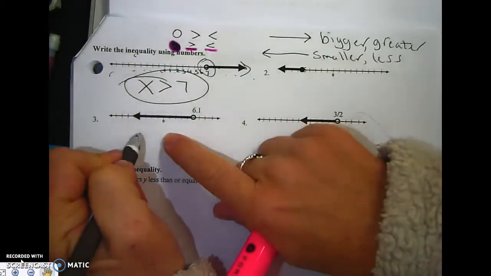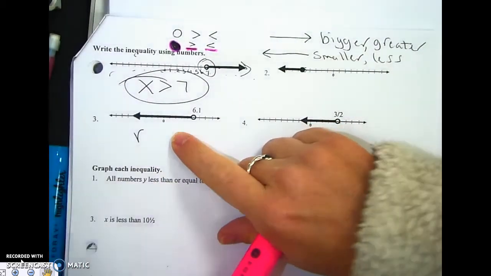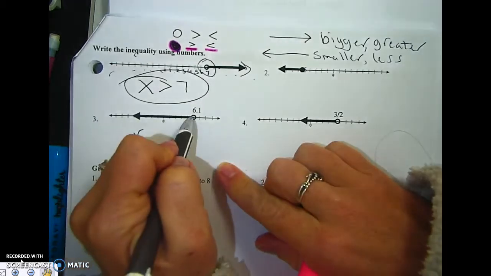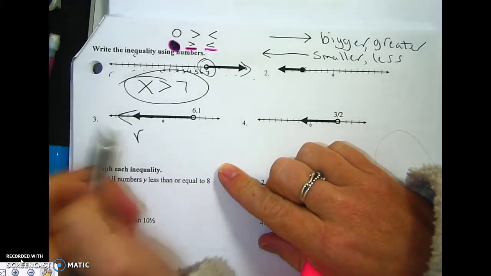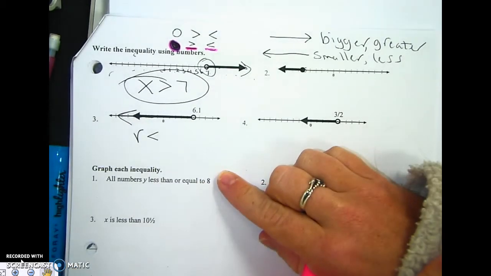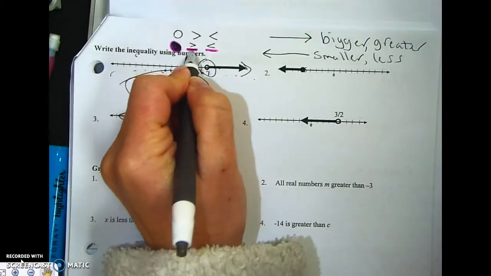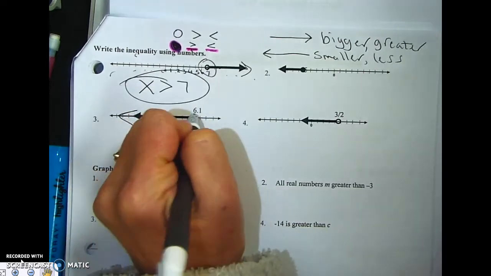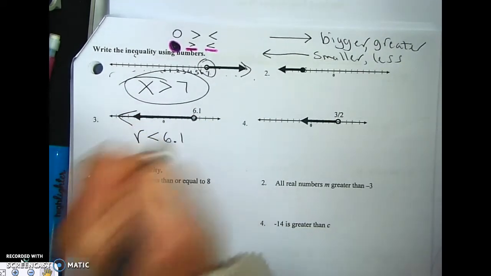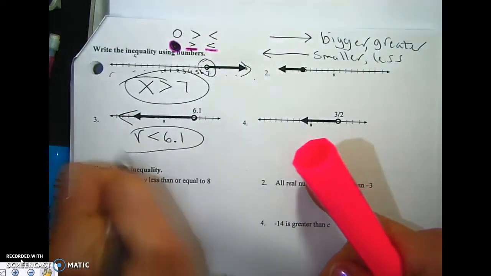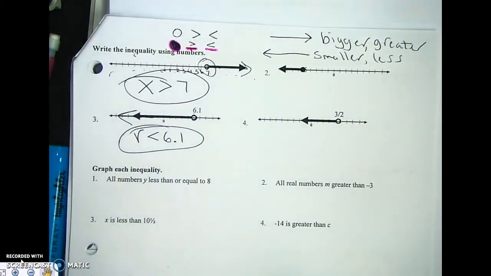I'm going to do number 3. Maybe instead of an X, I'll use an R for Miss Rifkin. Since it's going this way, all the numbers this way are getting smaller. If you look, it's an open circle, so no coloring in. And then I actually gave you the number, 6.1, so I didn't have to think about that. Done. Okay.